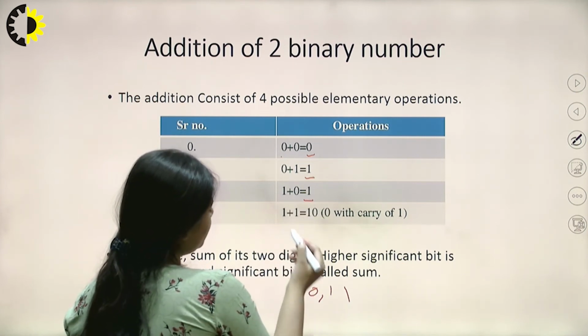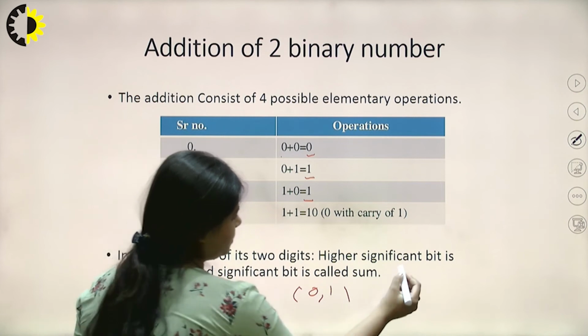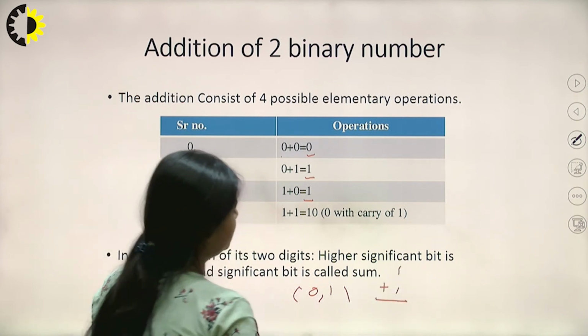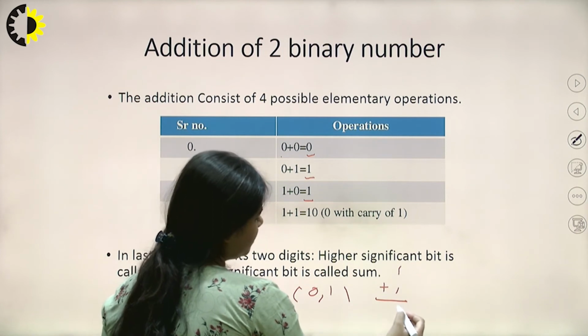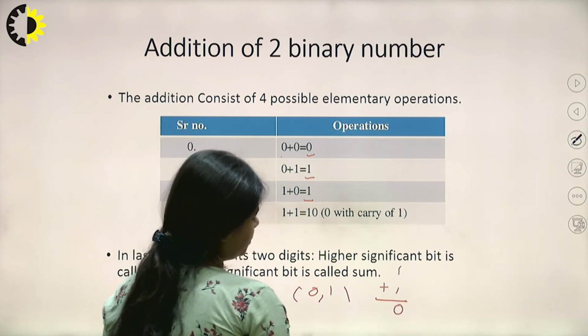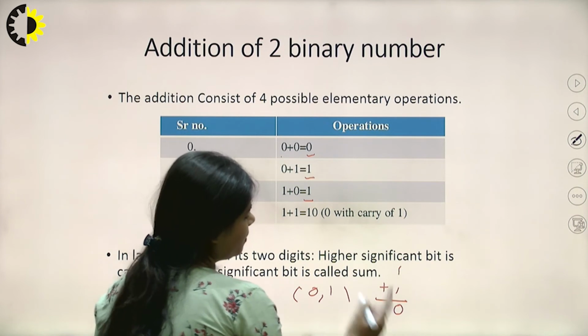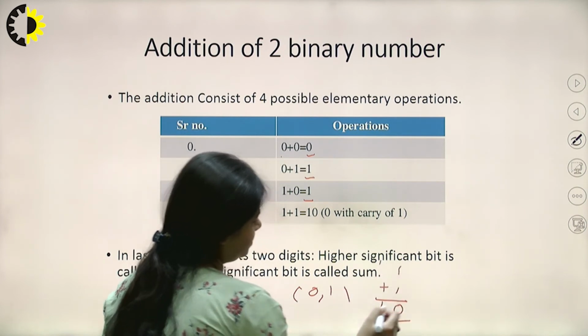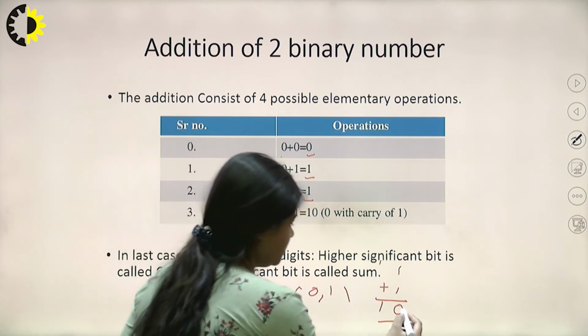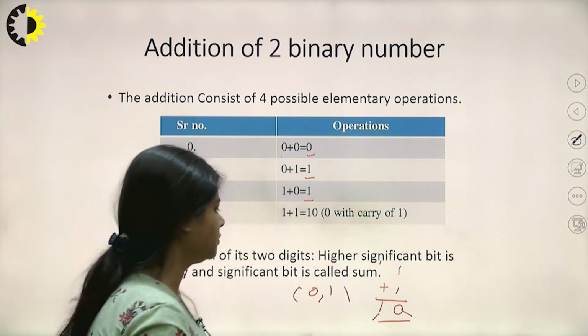Now whenever we add 1 plus 1, we will have the sum as 0 and we also have a carry of 1, which comes here, but there is no digit, so we will write it like that. So here this is the sum and this is the carry.